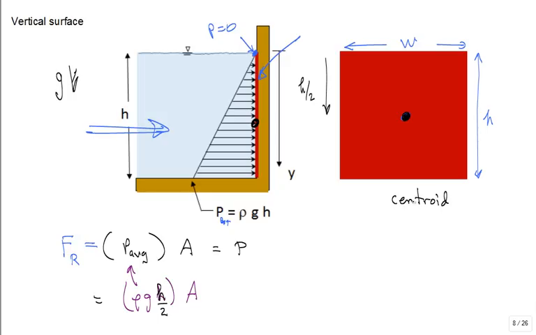Familiar? So if you wanted to calculate F_R, you would calculate the pressure at the centroid and then multiply it by the area. And for this problem, the area is just w times h.